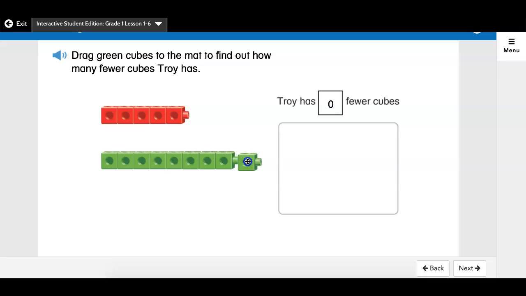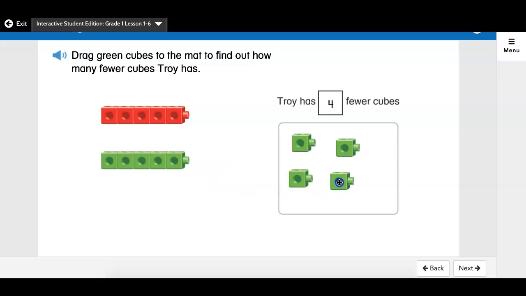So we are going to drag our green cubes over until it matches the exact number that Troy has. So I'm going to drag my cubes over until they match. Now these are equal, they match. And I put 4 cubes into this mat over here.